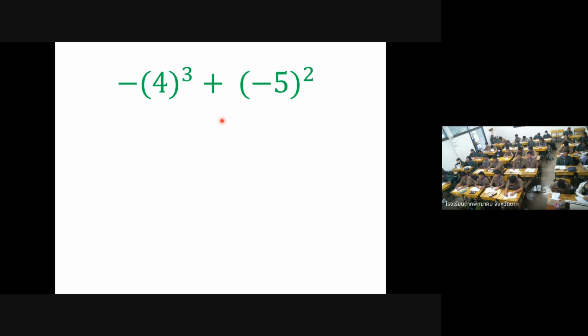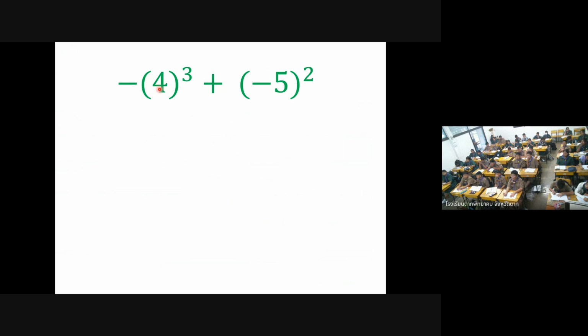What's the answer? Anyone? Yes. Correct.